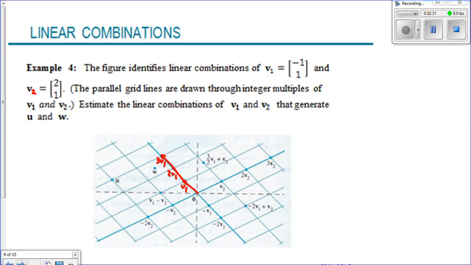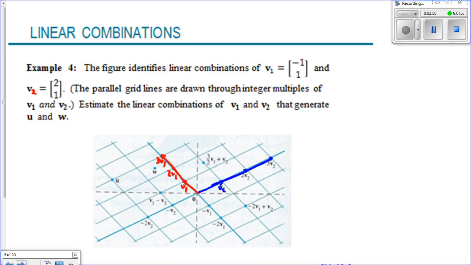Okay, now let's look at v2. v2 is the vector 2, 1. So if you plot it, this is what they're saying v2 is. So that's 2 over and 1 up. Multiples of v2, well, 2v2 is in the same direction but twice as long. 3v2 would be 3 times as long, so it starts at the origin and is going all the way out to here.